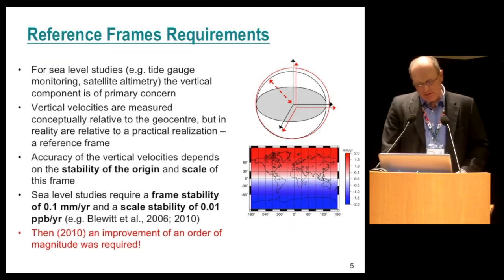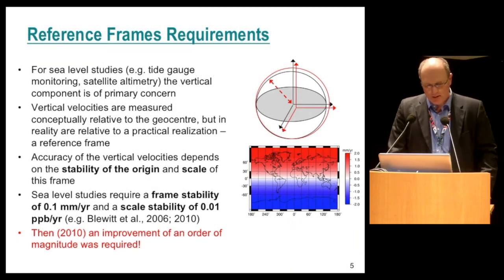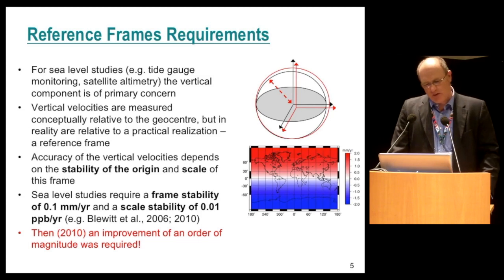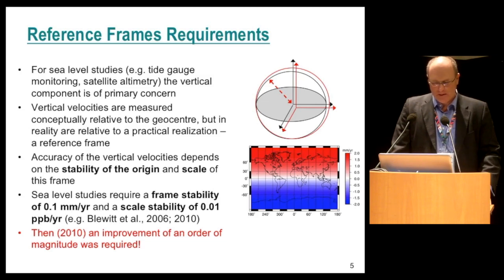And as Tom Herring pointed out, the scale plays an important role here. So for sea level studies, of course, the vertical component is the one and only that is of primary concern. And really, it's the geocenter and the scale, the origin, that are the two parameters in the reference frame that play an important role here.